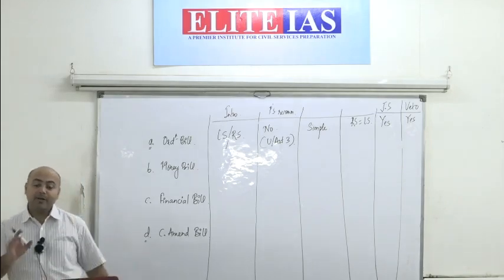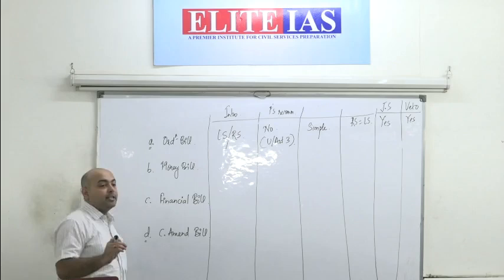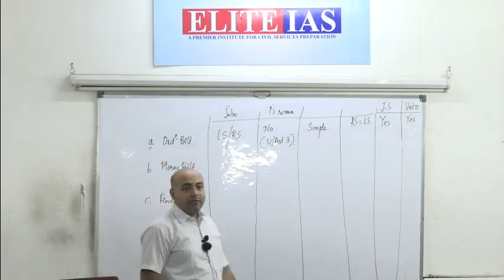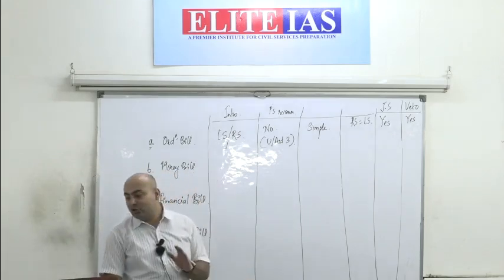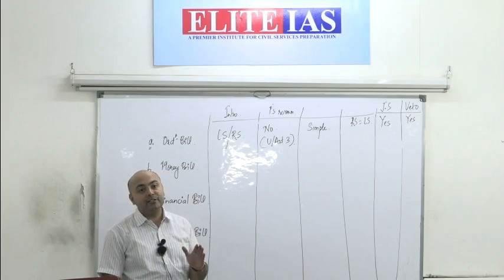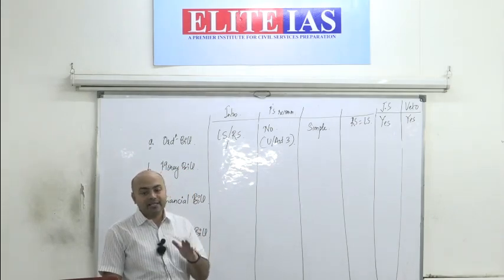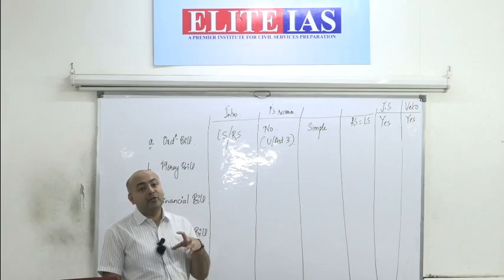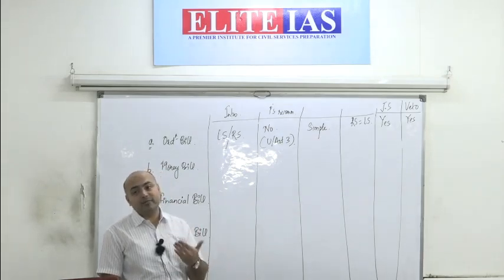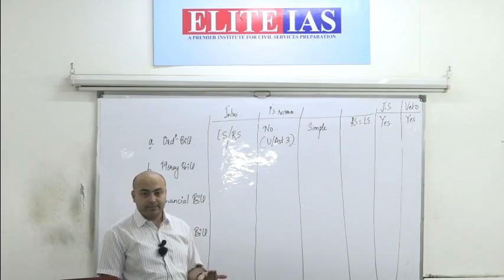Clear? So remember, in an ordinary bill, there is no requirement for the President's prior recommendation. But yes, when a bill is introduced under Article 3, it requires prior recommendation of the President. Clear?